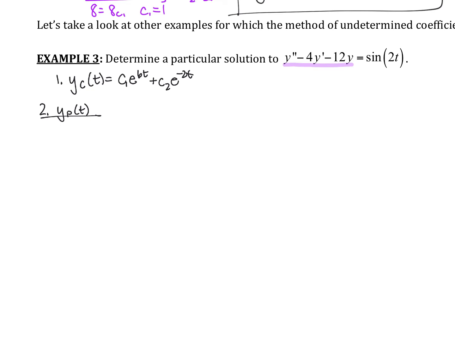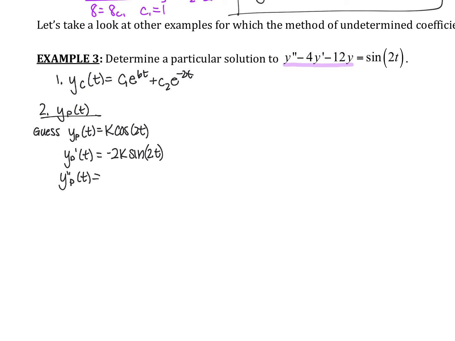Let's just watch. If this was our guess, then when we take the derivative of cosine, it's negative sine with the chain rule, so we've got negative 2k sine 2t, and then I'd need a second derivative, right?